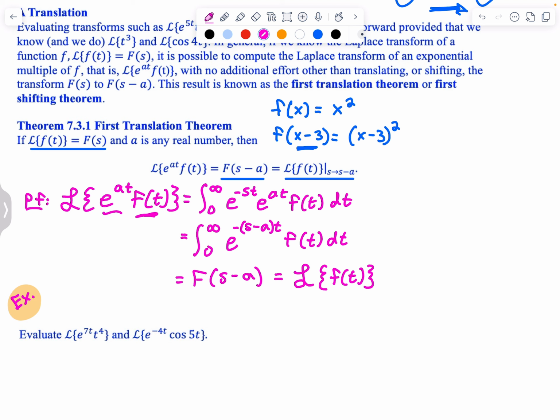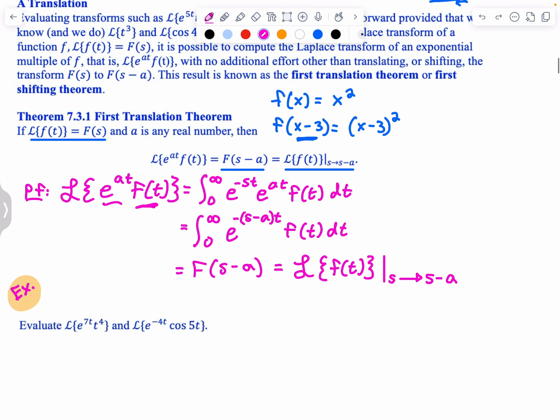And then once you do that and you have your answer, you're going to take s and change it to s minus a. It's like a u-sub in a way, I guess. You could think about it that way. We just don't worry about getting du because we're working in terms of t, and we're just subbing an s and an a. So you could think about it that way and returning the u later.